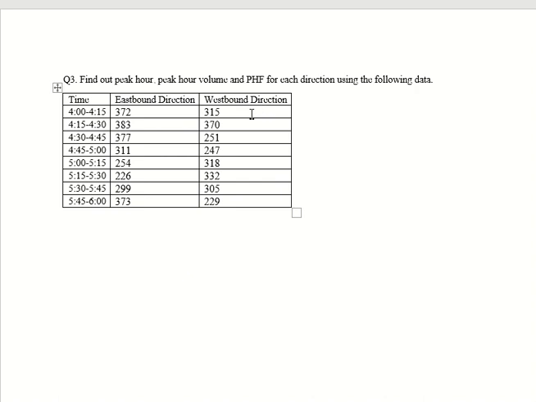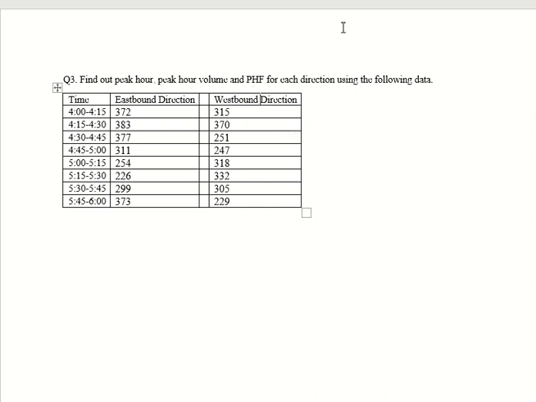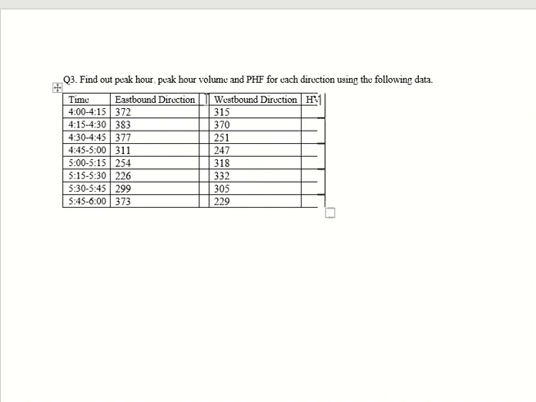Now in this example, we are required to calculate the peak hour volume and peak hour factor for each direction. So for each direction, I have to make a separate column. I will call it hourly volume.